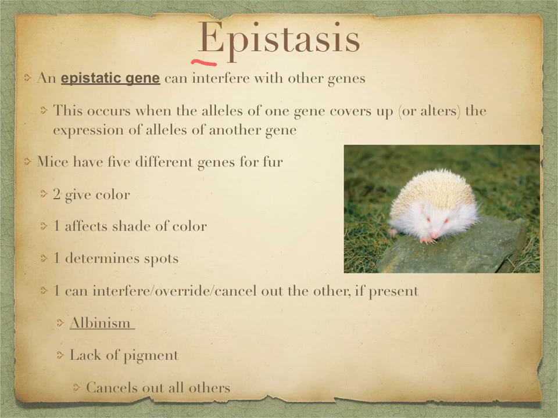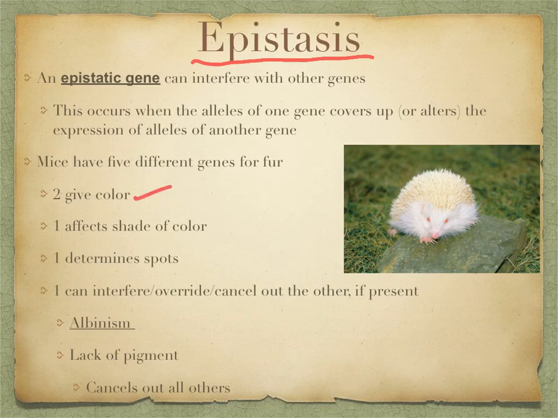Epistasis, or an epistatic gene, is a gene that can interfere with other genes. Think of it kind of like an off switch. This occurs when the alleles of one gene cover up or alter the expression of an allele of another gene. An example: mice have five different genes for fur color.